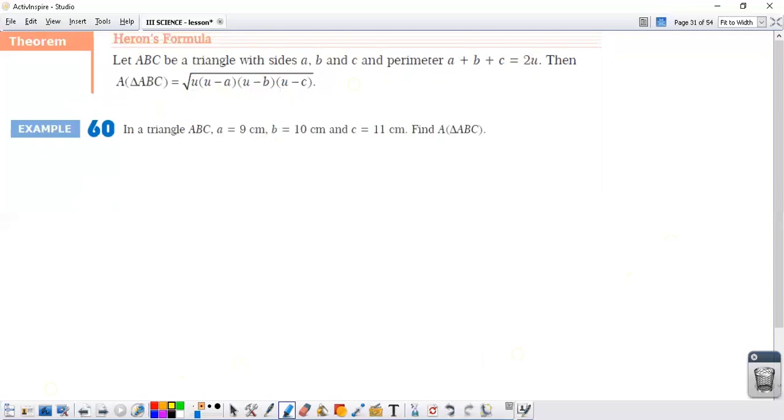So for the example, the sides are given. By Heron's formula, let 2u be equal to a plus b plus c. So u is (9 plus 10 plus 11) over 2, which is 15.